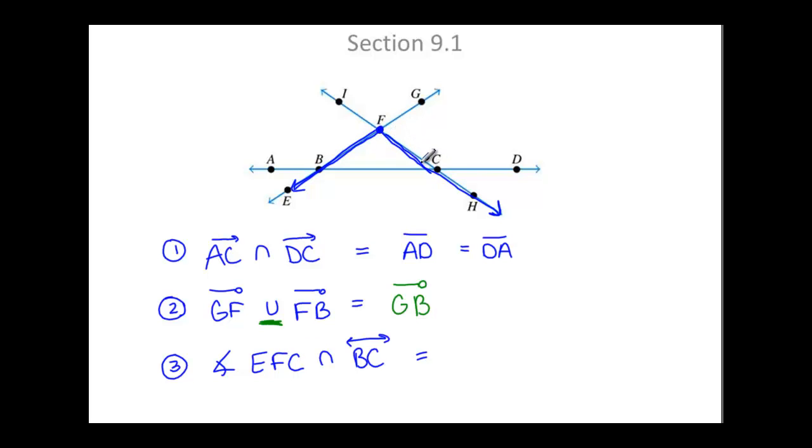So here we have drawn angle EFC. Remember, this will continue to go on forever and ever past E. It just gives us the direction and lets us know exactly what ray is included on that angle.